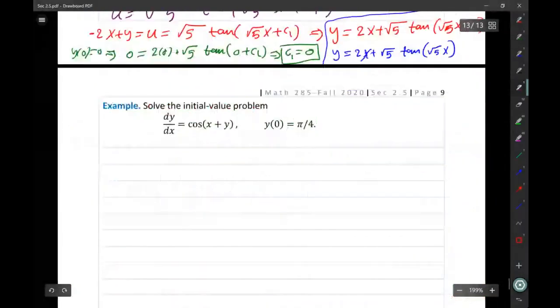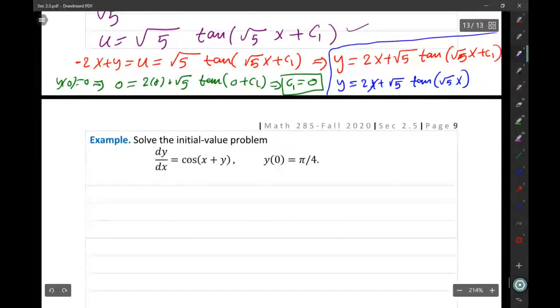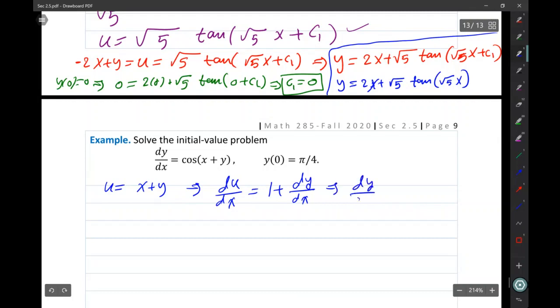Thanks. All right, next example. You're going to solve the following initial value problem. What's the linear expression of x or y that you can substitute here? It is clear that u is equal x plus y. Therefore, du by dx directly is equal 1 plus dy by dx, which implies dy by dx is equal du by dx minus 1.